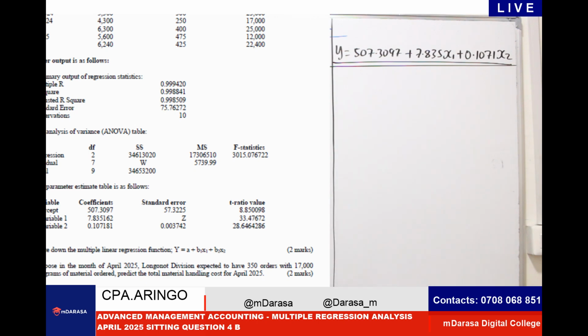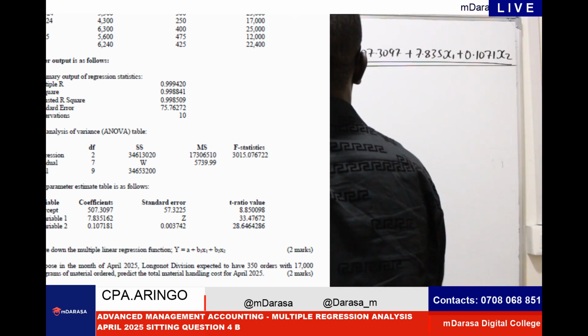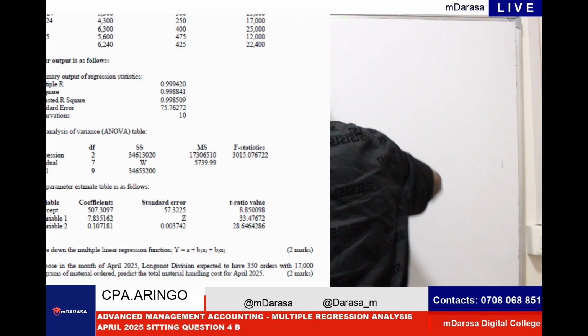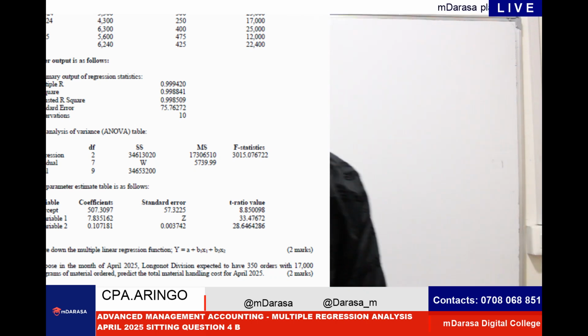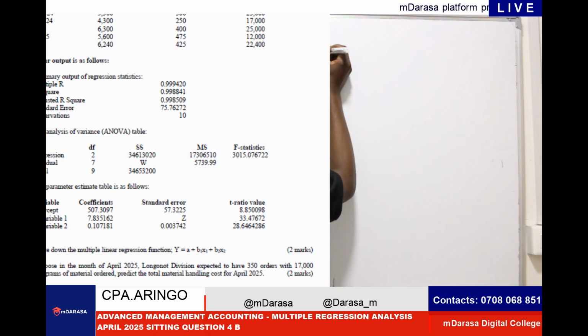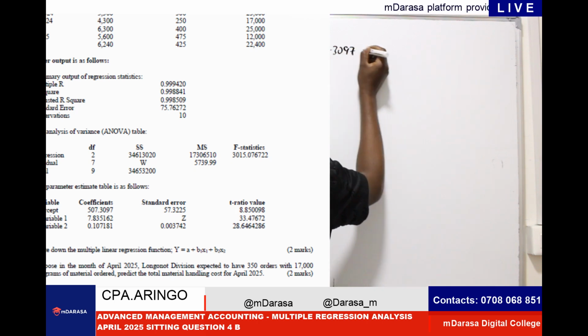You can as well take them in full value, whereby instead of 4 decimal places, actually that is what I want us to do, maybe you can take that in full, only that my space here is limited, let me try to squeeze it somewhere here, so that you just take it in full. I want us to take the variables in full. So we're having our y, which would be equal to 507.3097, to be consistent.